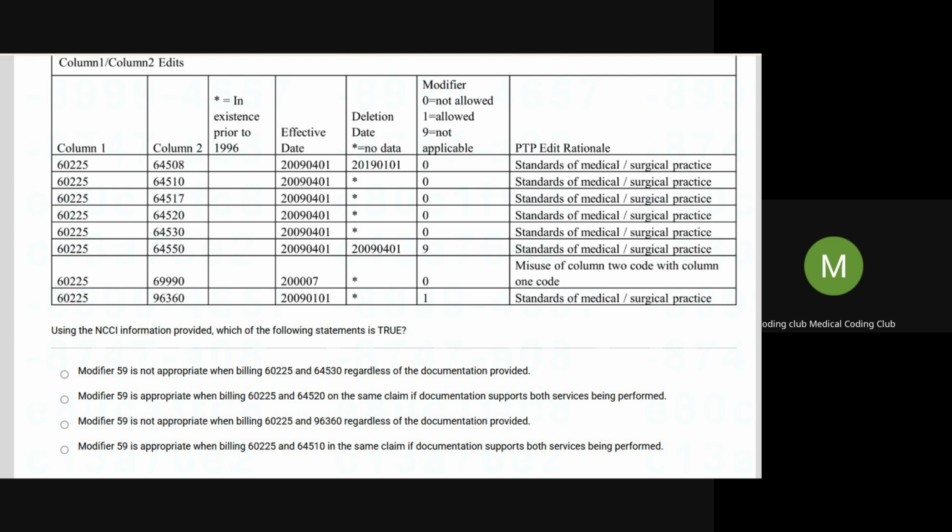Okay, so we have to always know about the usage of modifier 59, and you all know the 59 modifier is used to report distinct services. We should make sure in which way they are distinct. The procedure might be the same, like you might be doing the same FNA biopsy.